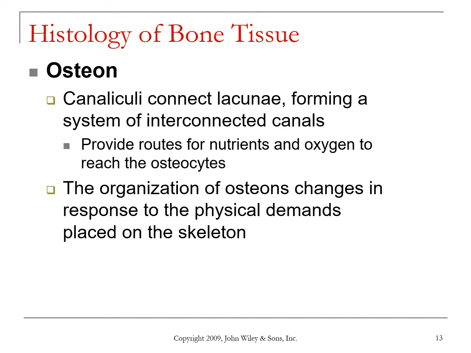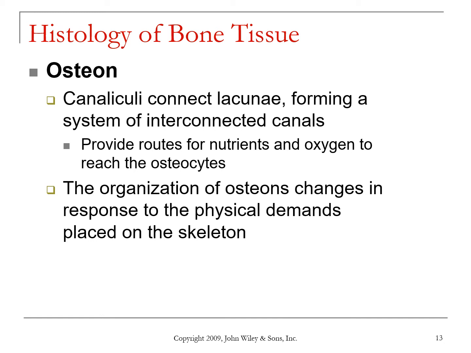One more slide on osteons. So again, the canaliculi are the tiny passageways that form a system of interconnected canals and provide routes for nutrients and gases and waste to be exchanged between the osteocytes and the blood in the blood vessels running through larger passageways. Now, we mentioned that bone is very dynamic, so it's always being changed in response to stressors and mineral requirements.